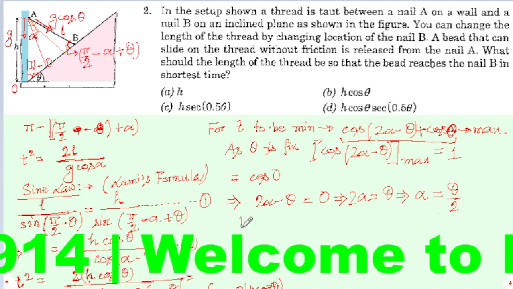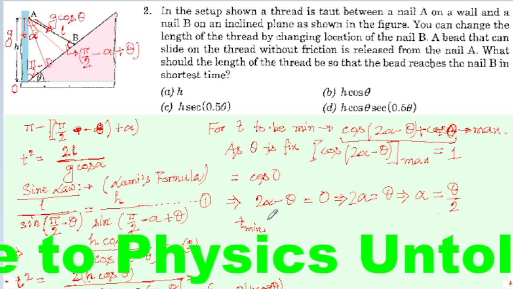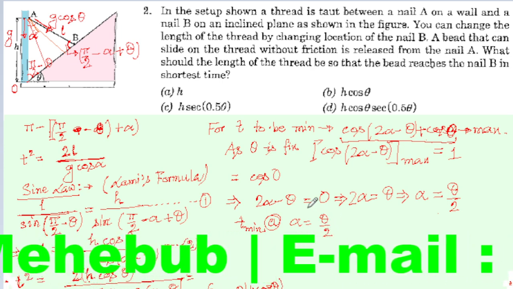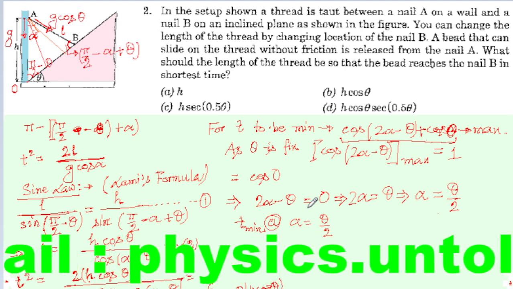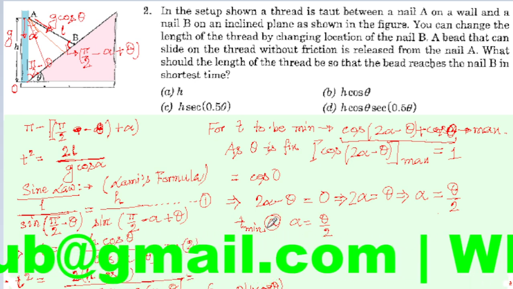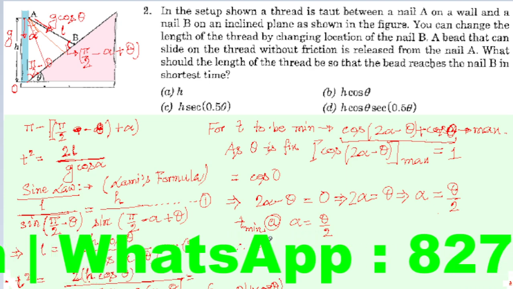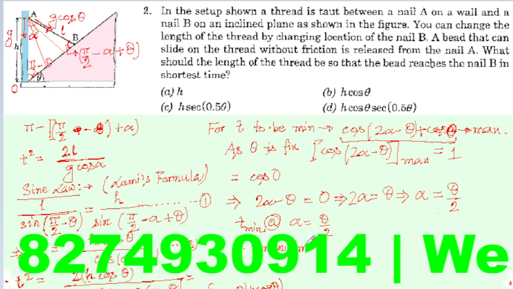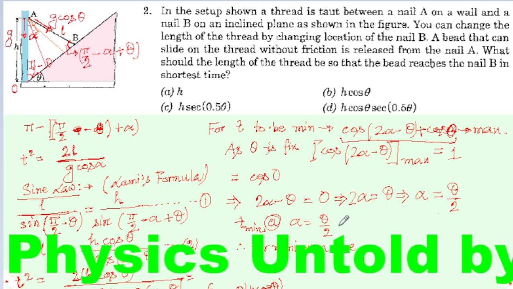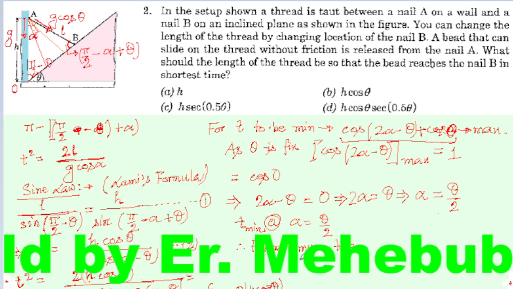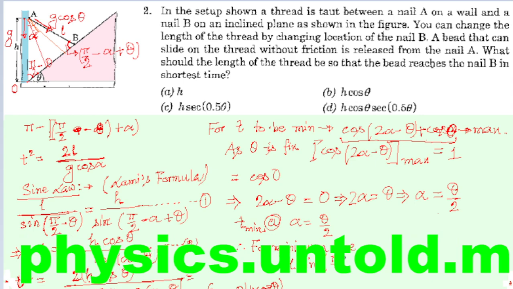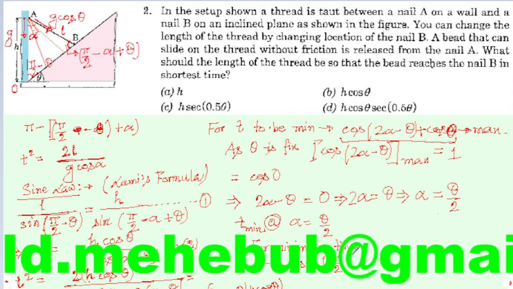So T minimum occurs when α = θ/2. From the sine law, or Lami's formula, for minimum time to reach the bead from point A to point B along the string, we can write L/sin θ = L/sin(π/2 − α + θ).